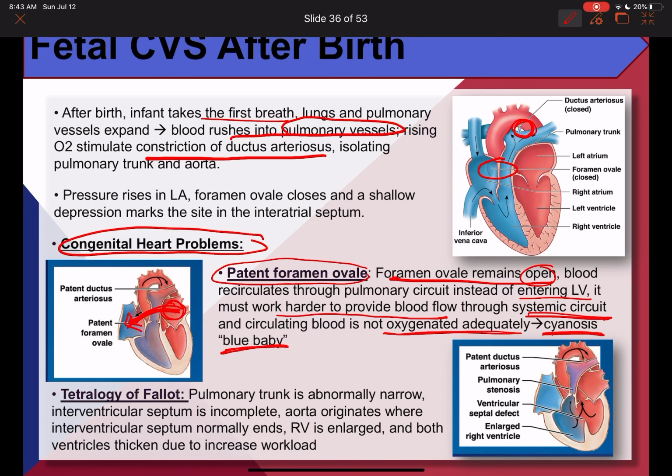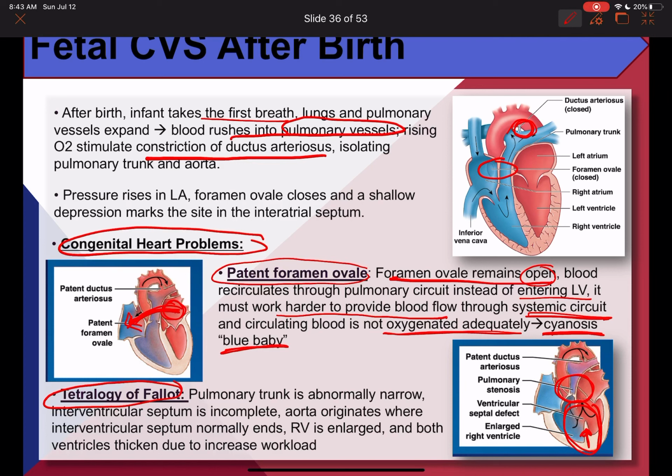Tetralogy of Fallot is another example, where the pulmonary trunk is abnormally narrow, and on top of that, your interventricular septum right here is incomplete, which means you now have blood flowing between the ventricles. The aorta will originate where the interventricular septum normally ends.